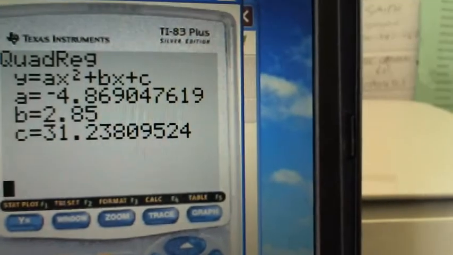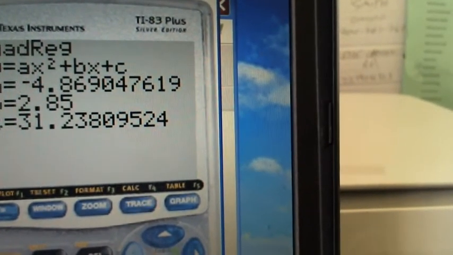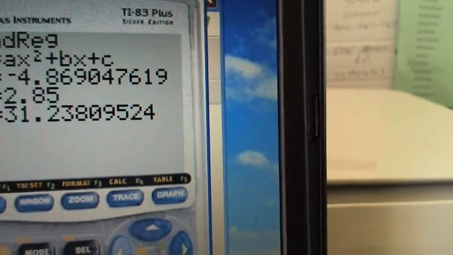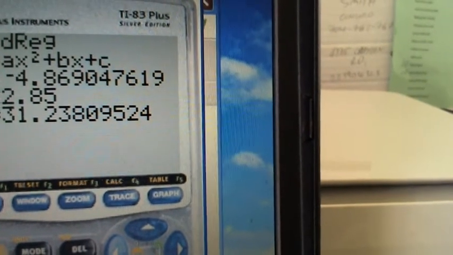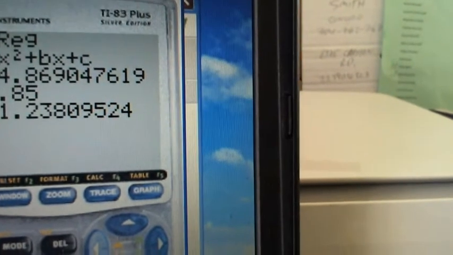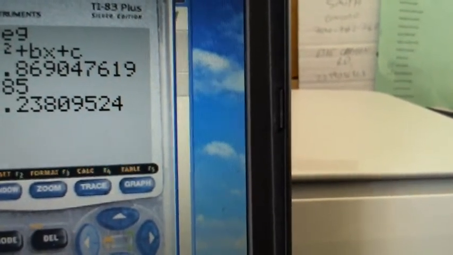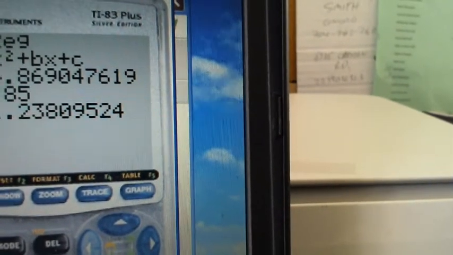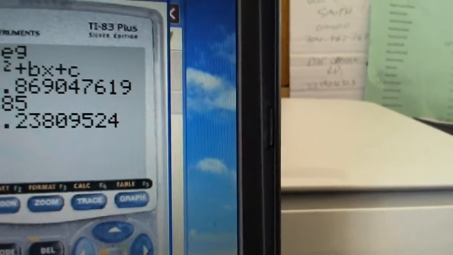And the quadratic regression, that would be f prime of x equals approximately negative 4.87x squared plus 2.85x plus 31.24.